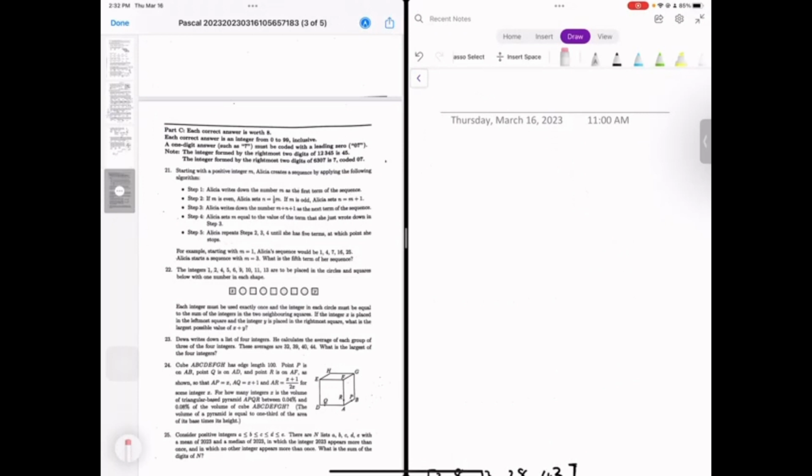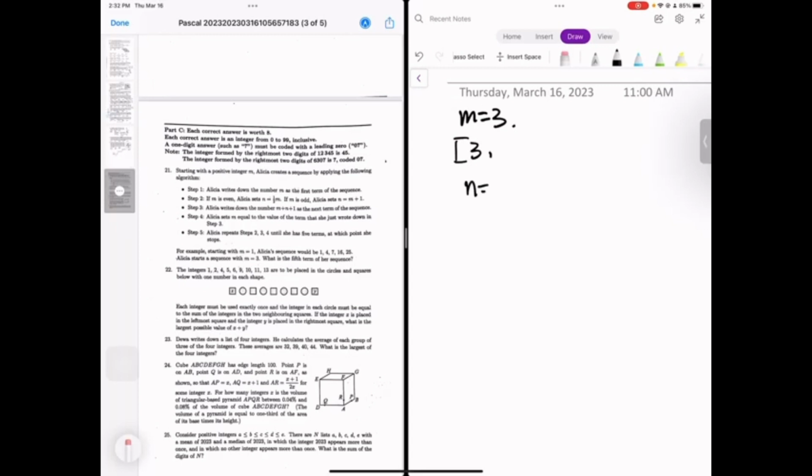There isn't any other way besides following the procedure. So let's just start with m equals 3. The first step is to write down the first number. Because 3 is odd, n equals 3 plus 1, and that is 4. Then step 3, we need to add up n, m, and 1.